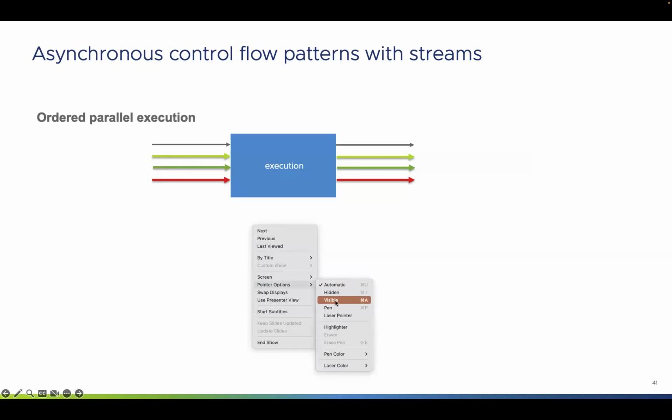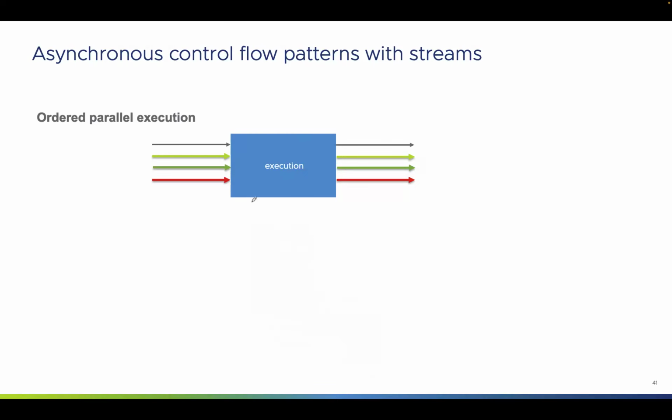So as we can see here, probably we have a whole bunch of tasks coming in, but we need to have them ordered. That means that we have the input in order, so we have to get the output in order.